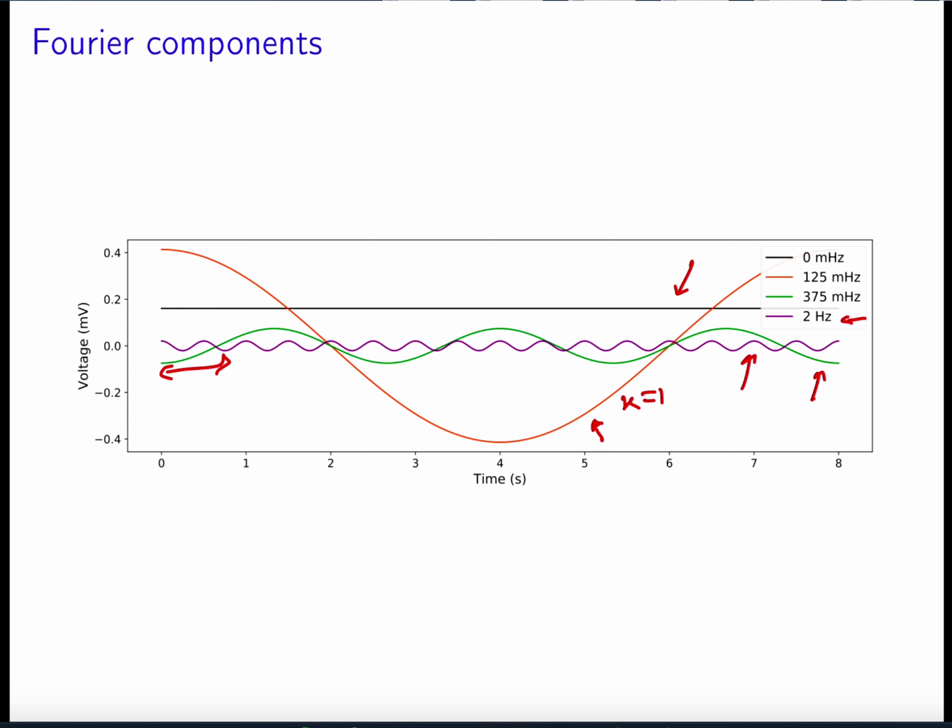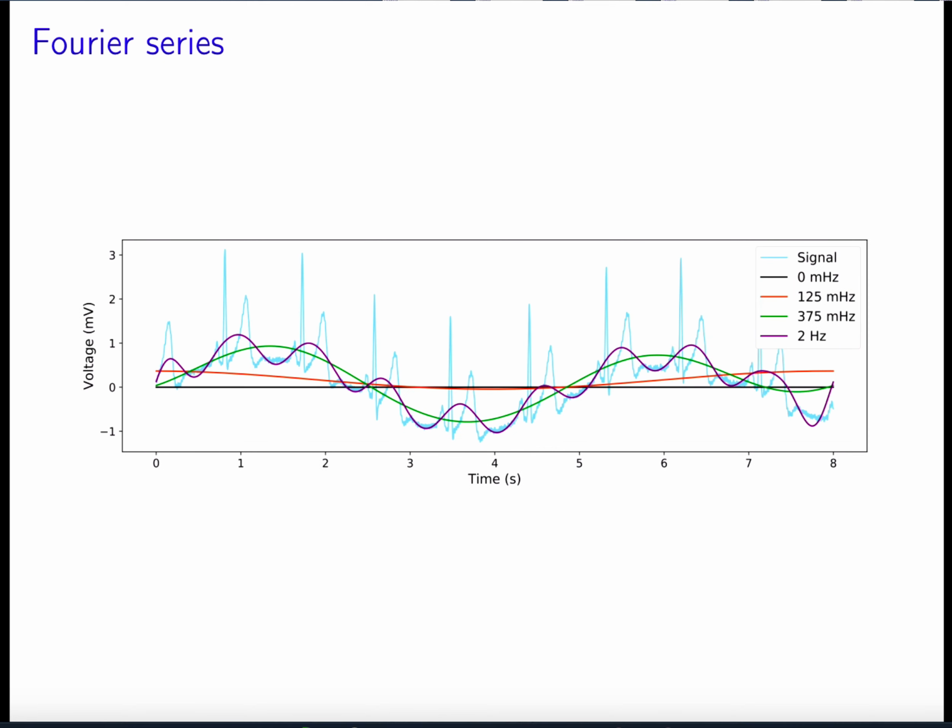All of these are components that, if you add them together, you can build back the electrocardiogram. So this is what I'm showing you here. If you add up components up to 0, 1, and this is k equals, I think, 16 or something, up to a certain kc, you can see how you approximate the function increasingly well as you use higher and higher frequencies.